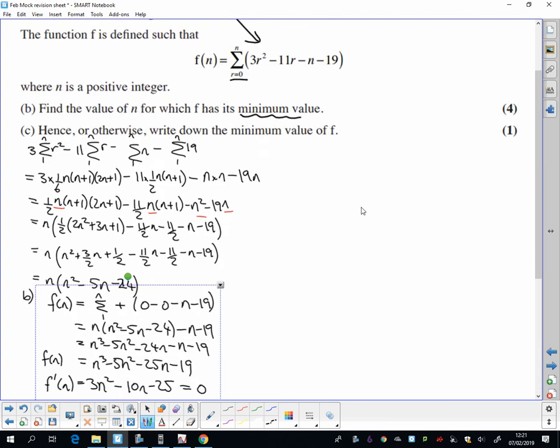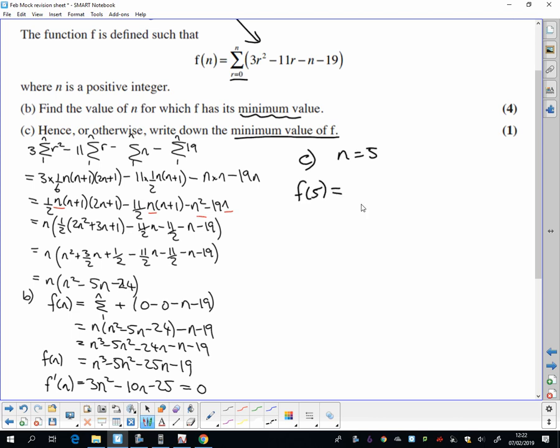Okay, so now we found that n is 5, and now we want to write down the minimum value of f. So in part B, we found n is 5. Now we want the minimum value of f. So that basically just means put n is 5 into our function. So I want to find f of 5.